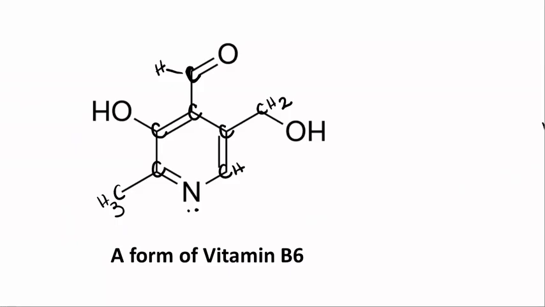First, what is the functional group present when a carbonyl has a hydrogen on one side and a carbon chain on the other? Next, what is the functional group when I have a carbon chain connected to an OH group?